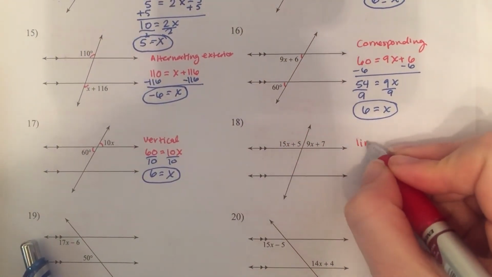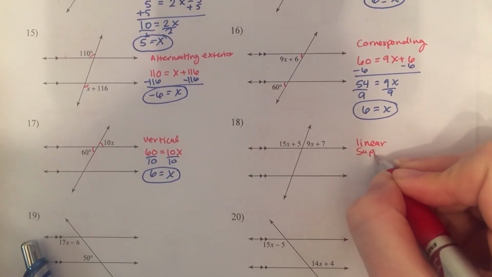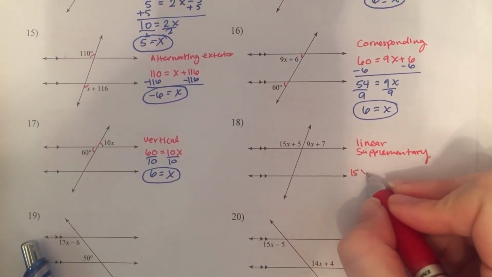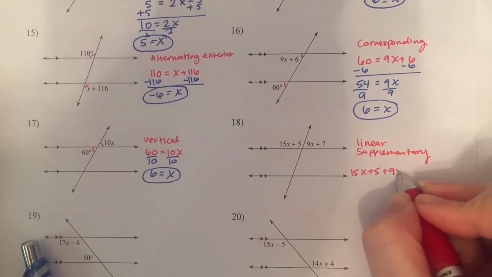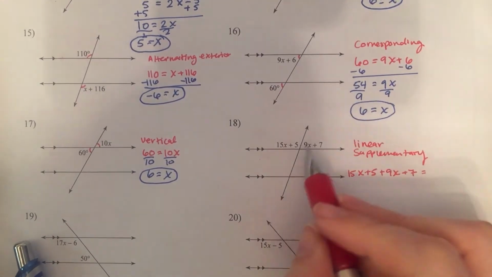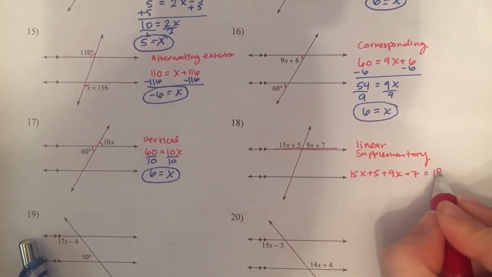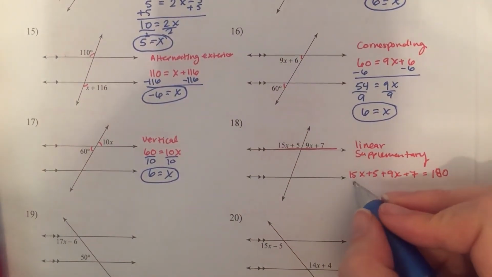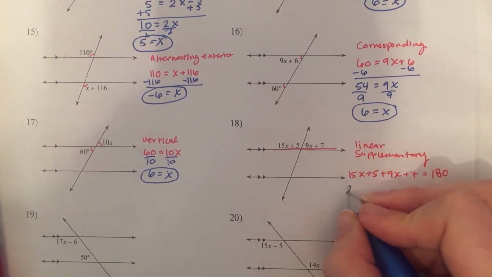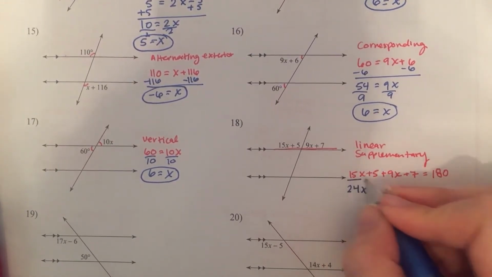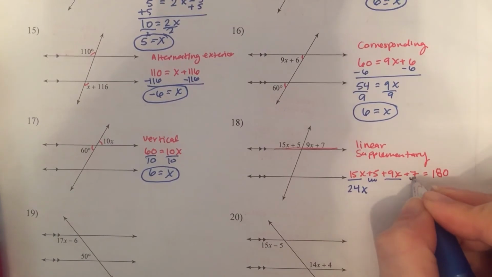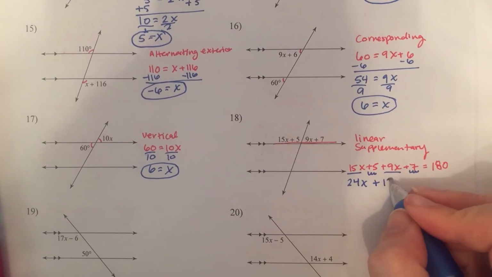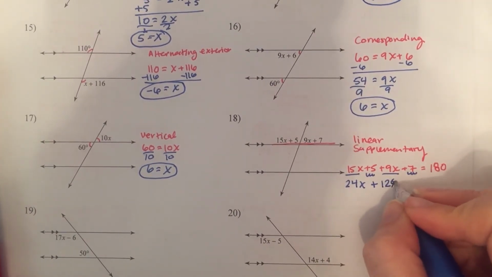These ones would be identified as linear or supplementary. That means together, 15x plus 5 and 9x plus 7 should equal a full line, 180 degrees. To solve that, I combine like terms. 15 and 9 added together make 24x. 5 plus 7 make positive 12.